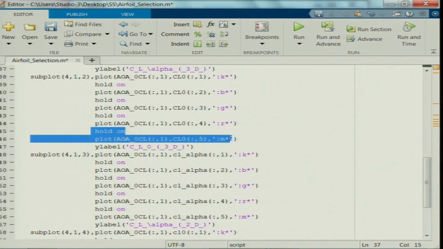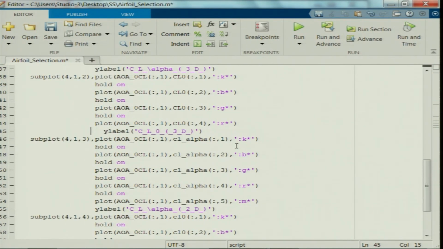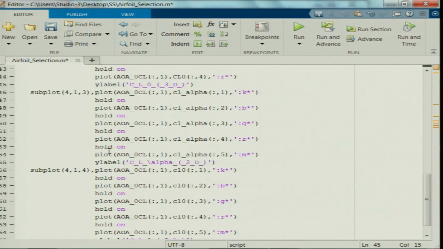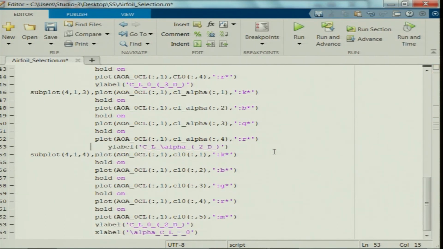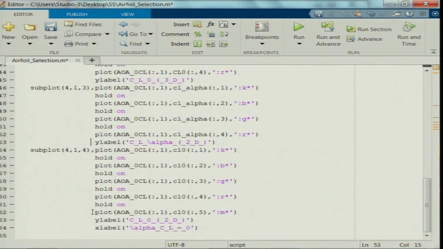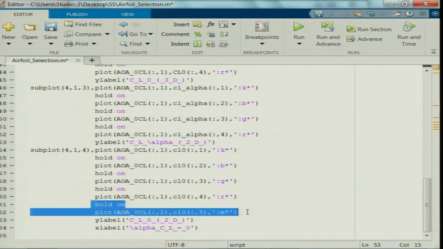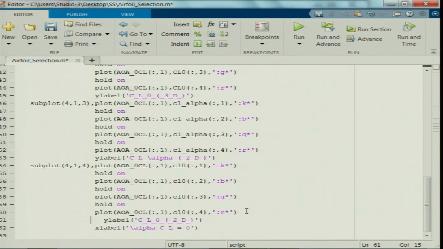I am just modifying this, removing 7 degrees, since a trim angle of attack that high is too much to ask. Just to make it more realistic, I am removing that particular value.